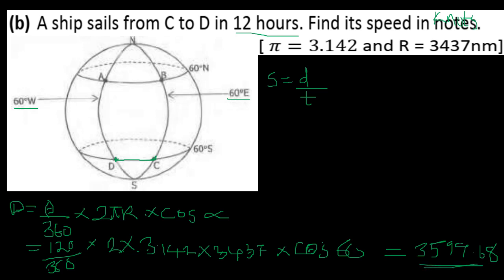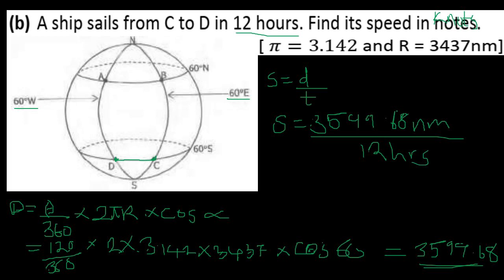Now to find the speed, one thing you should know is that when the distance has been given in nautical miles, the time should be in hours, and the unit for speed will become knots, instead of the kilometers per hour that we are used to. So speed is equal to distance, which is 3,599.68 nautical miles, divided by the time, which is 12 hours.